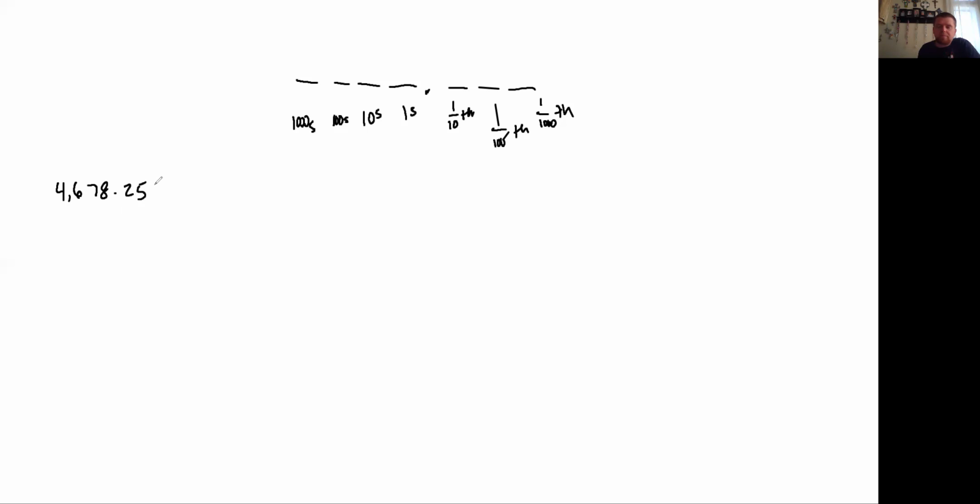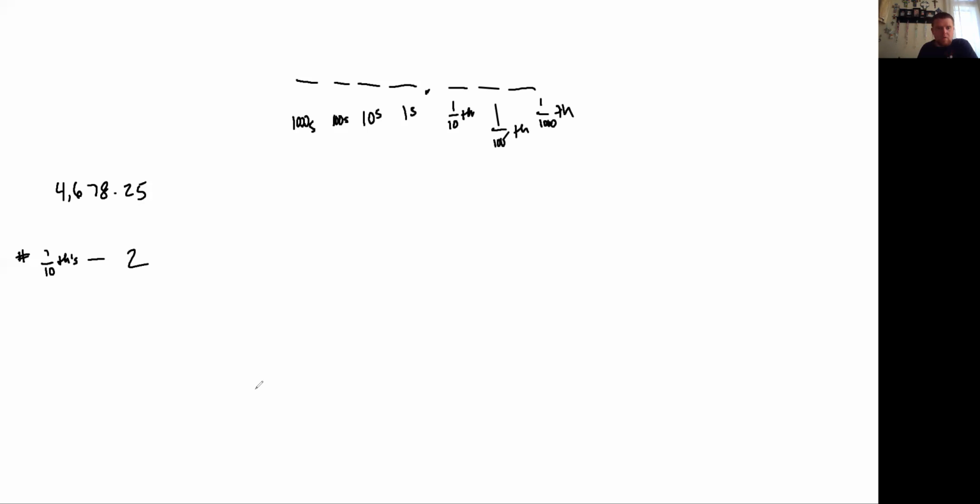4,678.25. So a question on this assignment might ask you, well, what number is in the tenths place? So looking at this diagram, I'm looking at the numbers 4, 6, 7, 8, 2, 5. And in this case, the 2 is in the tenths place.